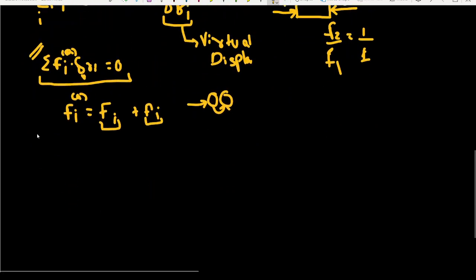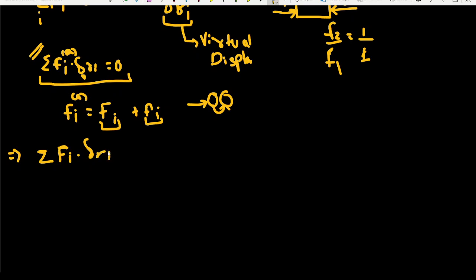Now breaking this down, summation of Fi, here this Fi is the applied force, Fi dot del Ri, plus summation of small fi dot del Ri is equal to 0. We break this down into these components.